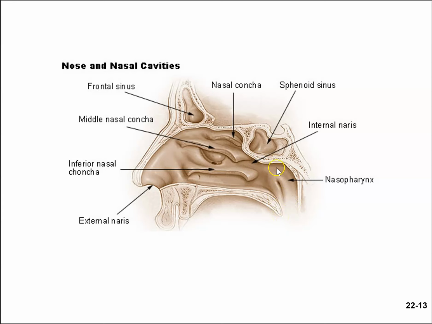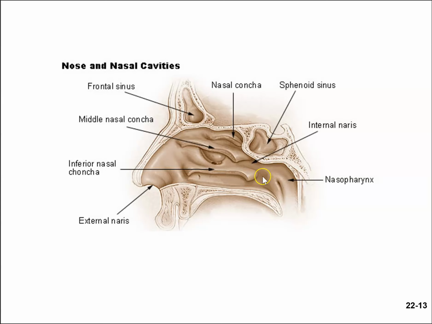And these epithelium also consist of goblet cells, which are specialized epithelial cells that actually produce mucus. And then you have capillaries associated right beneath the epithelium, which help in warming the air. And it also contains a bunch of serous and mucus-producing cells that secrete lysozyme.